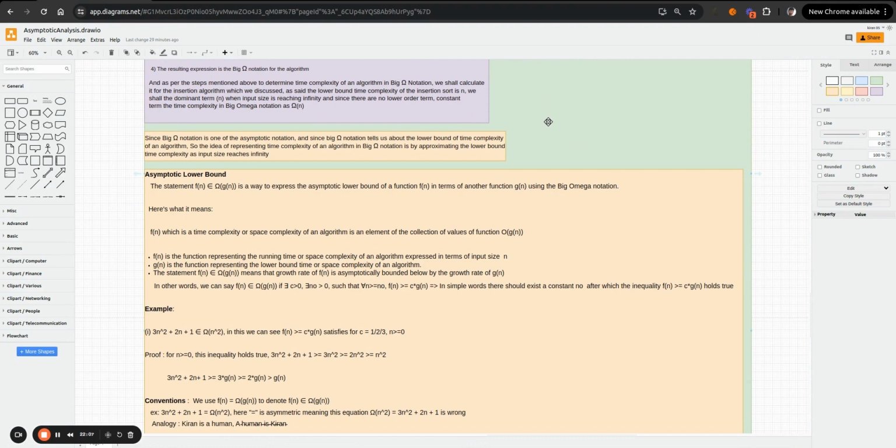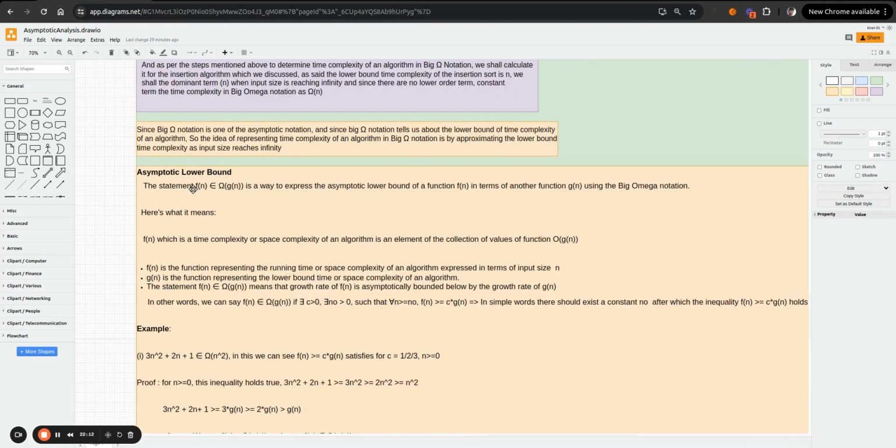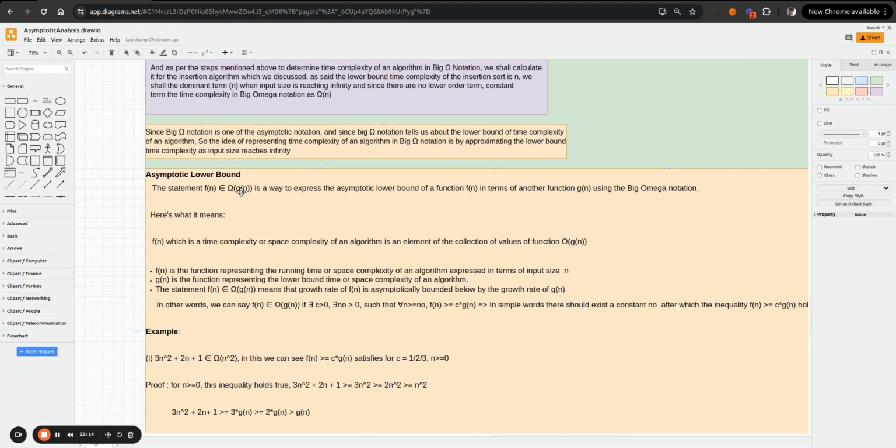This is a common way of representing a lower bound time complexity for a function, let us say f of n. Here, f of n is nothing but the running time complexity or space complexity of an algorithm, and g of n is the lower bound time complexity.